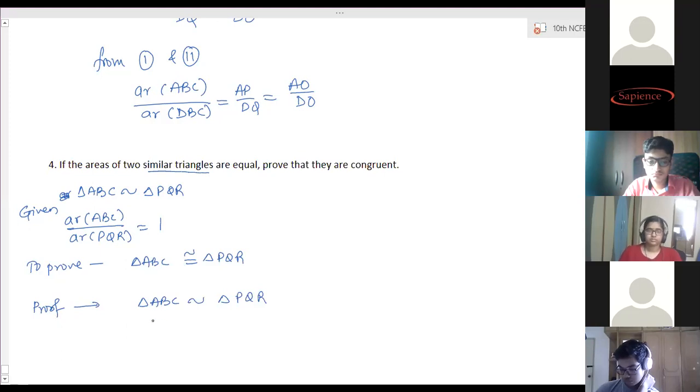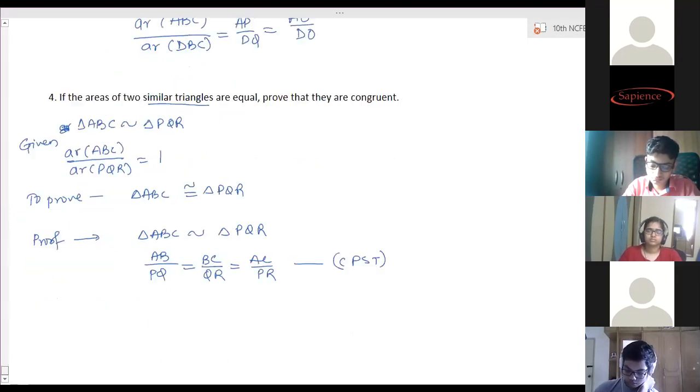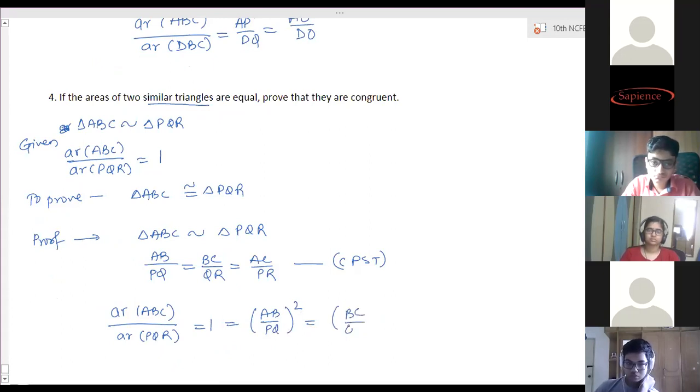So we can write the CPST part as AB by PQ is equal to BC by QR is equal to AC by PR, right? This is CPST. Now area of ABC by area of PQR is equal to 1. This is equal to AB by PQ whole square is equal to BC by QR whole square is equal to AC by PR whole square.